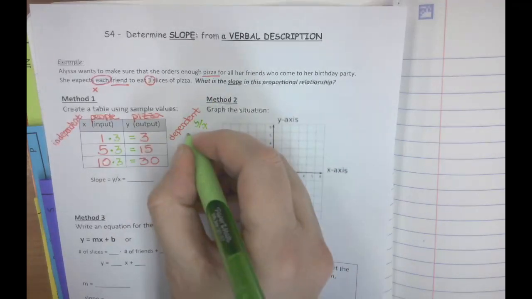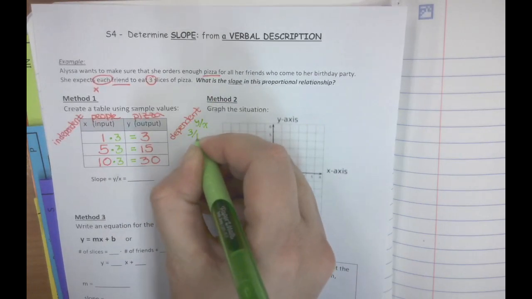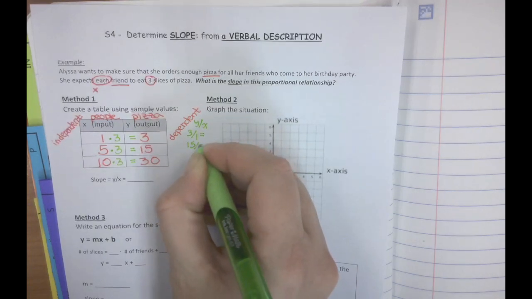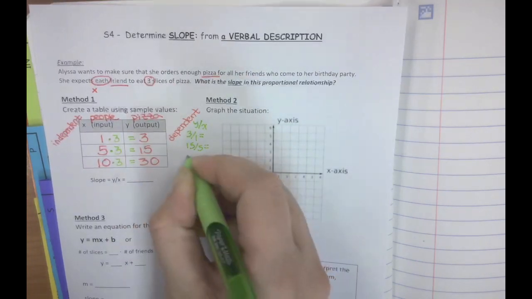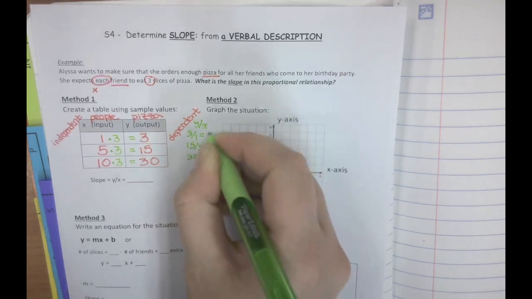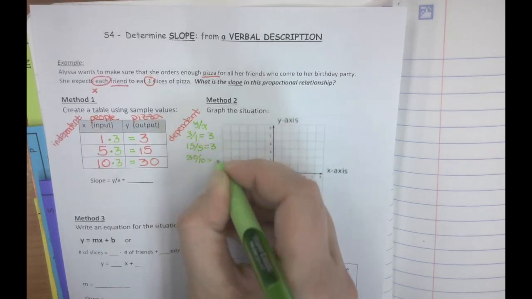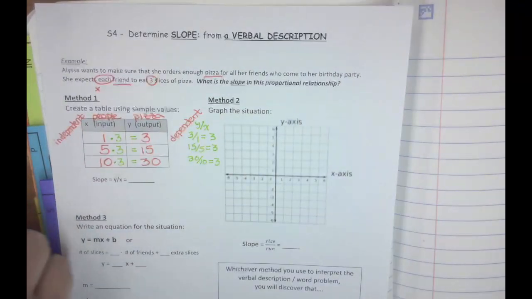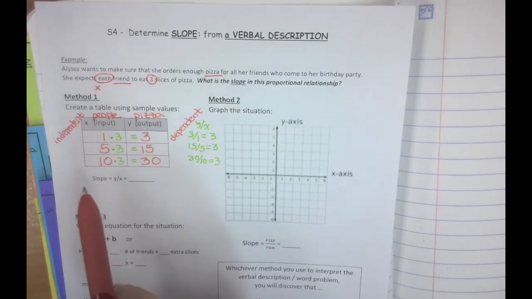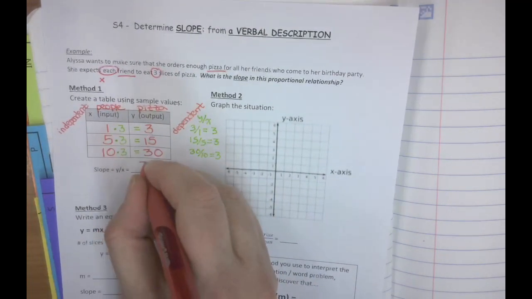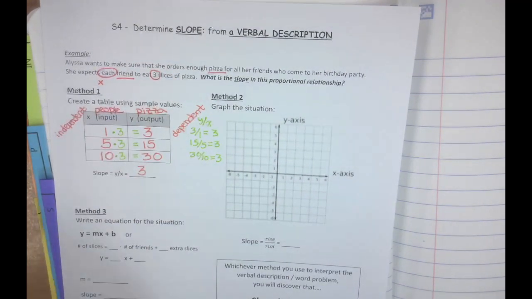So in this case, you would have had 3 divided by 1, 15 divided by 5, and then 30 divided by 10. And of course, each of those, when you divided them out, would have equaled 3. That is consistent with what we got when we were multiplying, right? So our slope would be equal to 3 because that's what you're multiplying by.